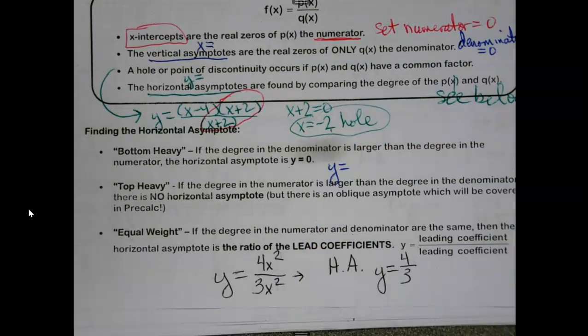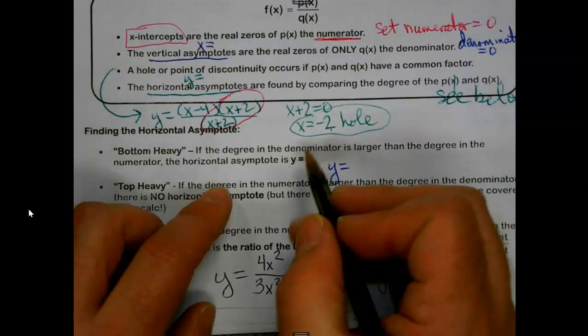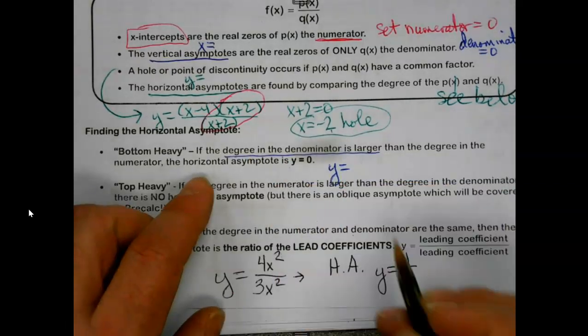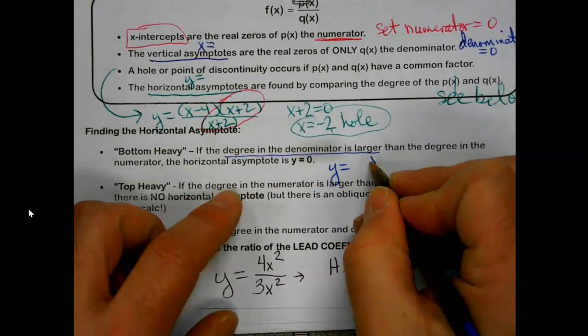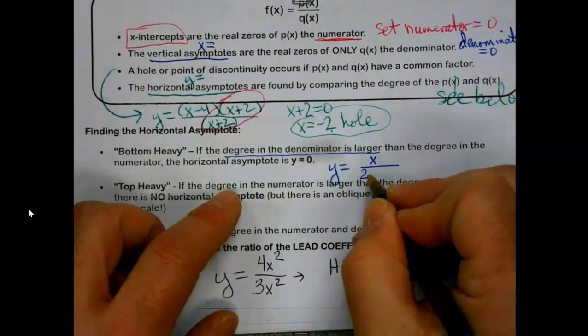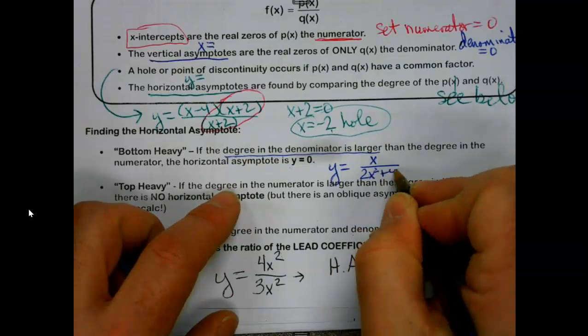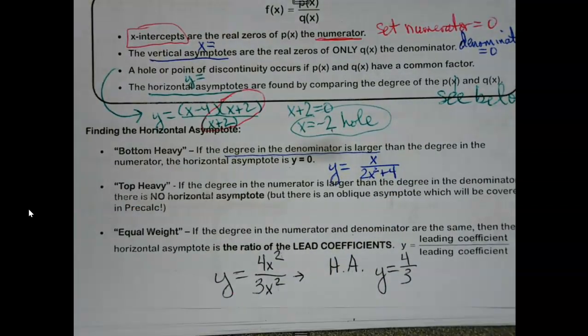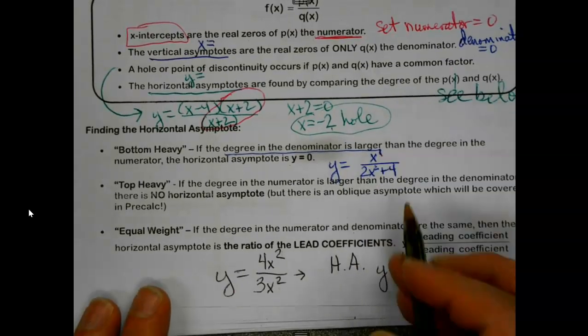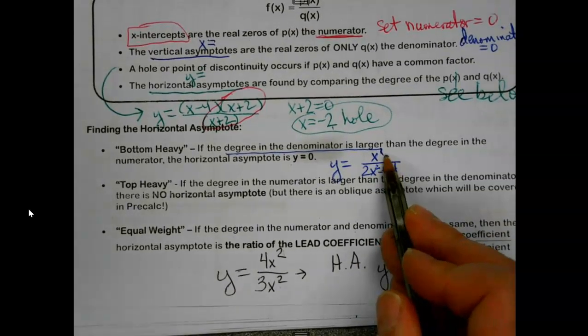I should be using f of x. Oh well. So if the degree in the denominator is larger, let's say something like this. My degree in the denominator is 2. My degree in the numerator is 1.